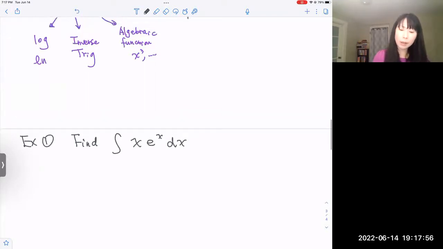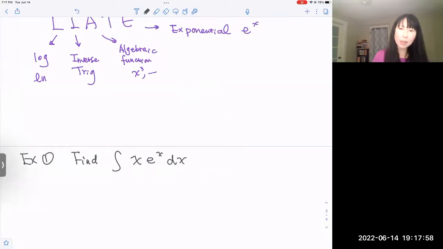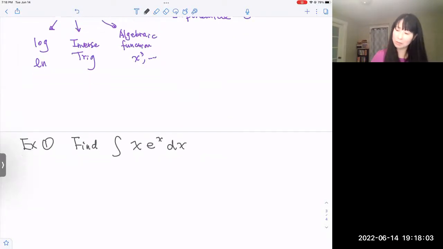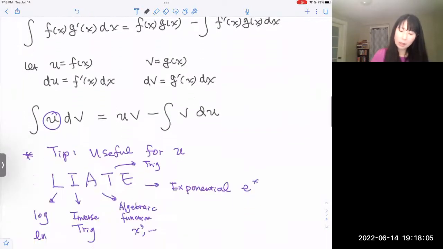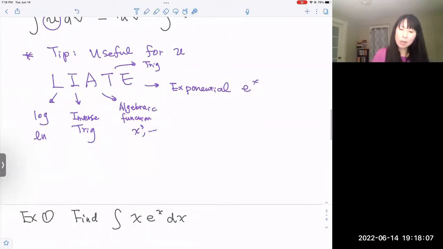All right. Then look, there is a tip for setting up u. First is a log, we don't have a log there. And inverse trig, we don't have an inverse trig. And algebraic function, which is x. That is the third one, right? So let's set it up.